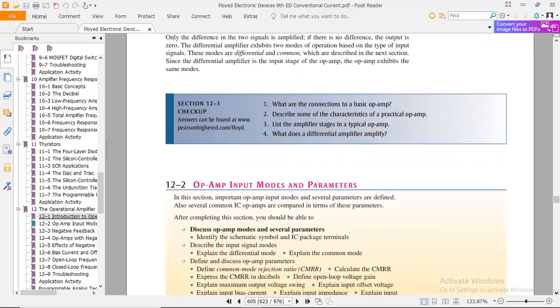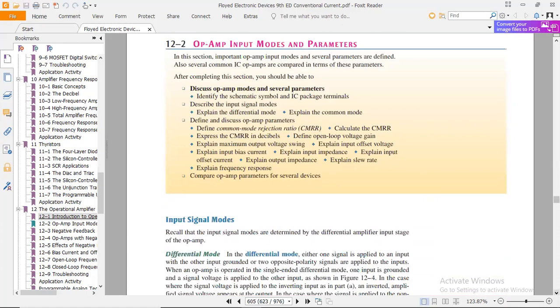Then we have today's topic, op-amp input modes and parameters. In this section, the important op-amp input modes and several parameters are defined. Also, several common IC op-amps are compared in terms of these parameters.